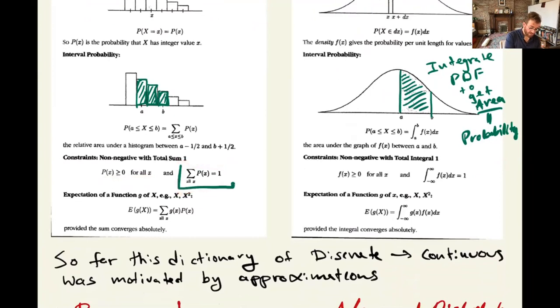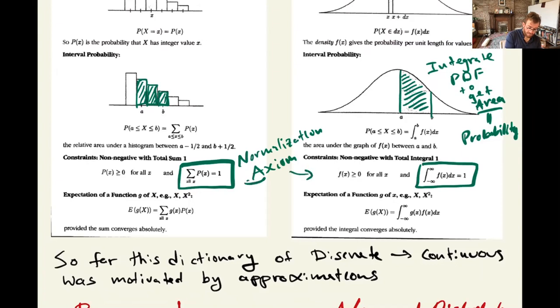So here, this right here looks like the normalization axiom. But now it's going to end up looking like, take the integral and make sure it sums up to 1, or that the integral equals 1.